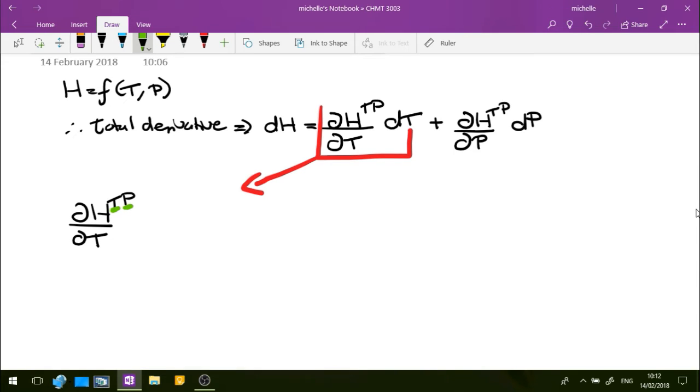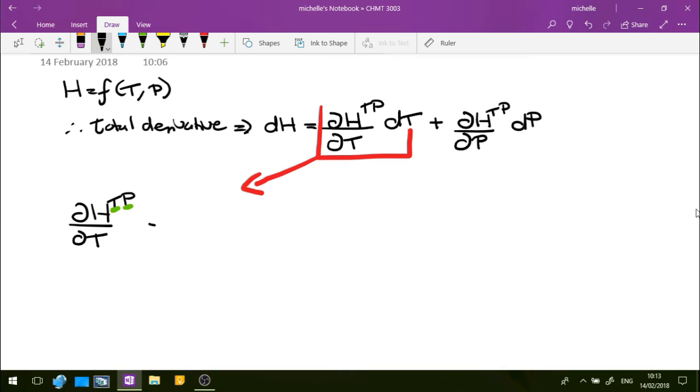That's how you got your total derivative: h is a function of T and P, so I partially differentiate h with respect to T, keeping P constant, times my differential, and then partially differentiate h with respect to P, keeping T constant, times my differential, and that's your derivative, right?